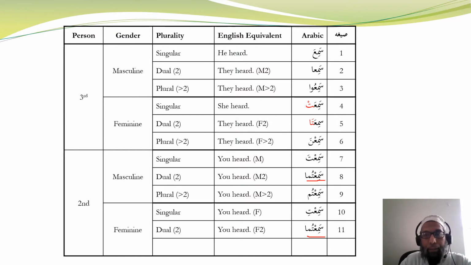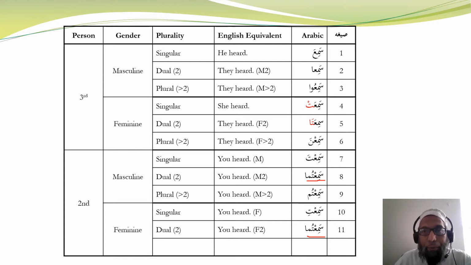But you can skip this since sami'tuma already covers the feminine. So if you skip number 11, that would be fine as well, but traditionally they mentioned it twice, once for the feminine and once for the masculine, sami'tuma, and when it comes to memorizing, it makes it easier as well. So I guess they kept it there to make it easy to memorize.